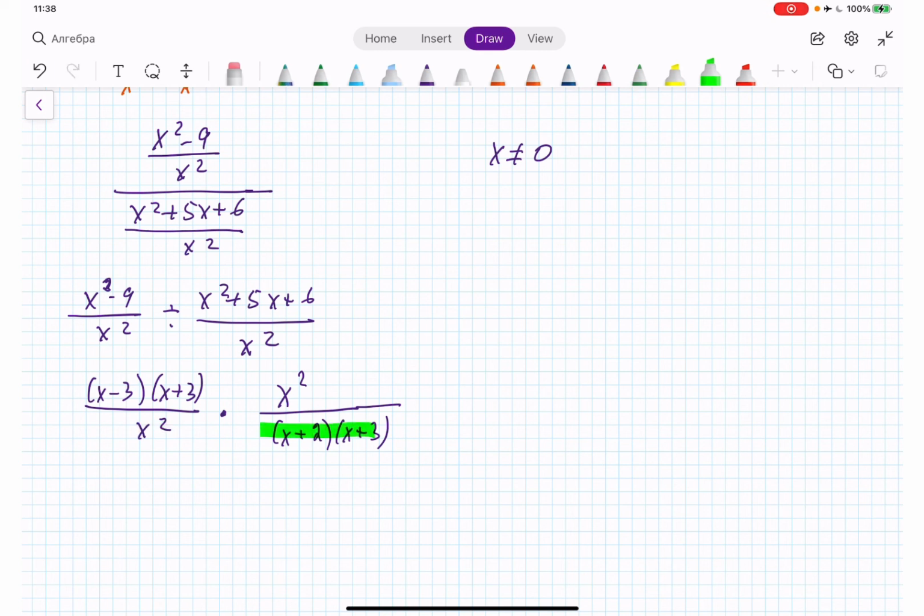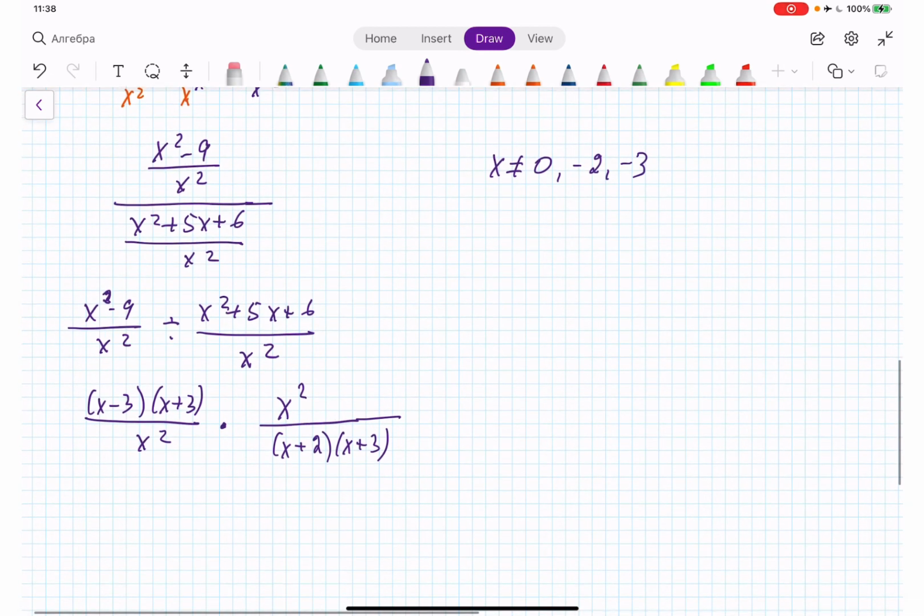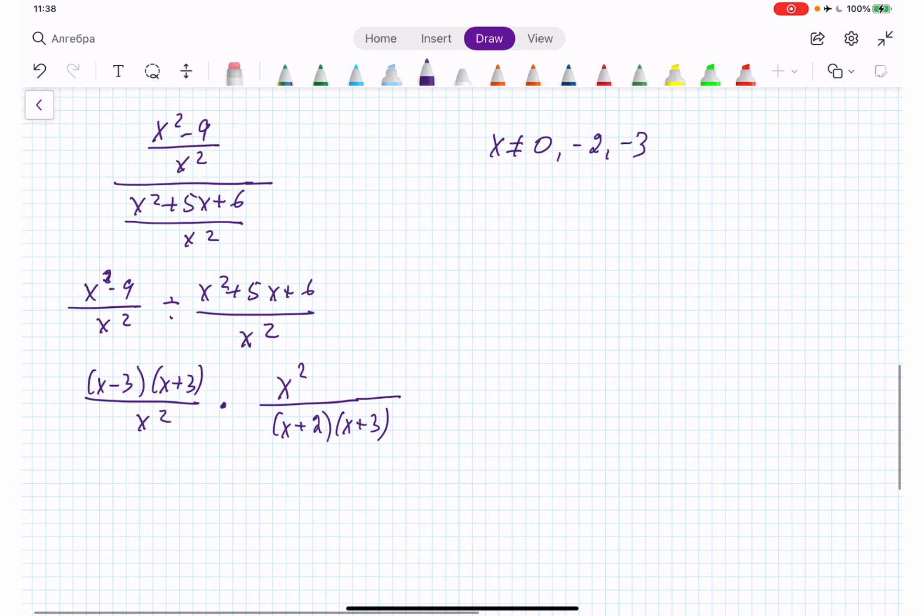And x cannot be negative 2 or negative 3, correct? So 0, negative 2, negative 3. These three values it cannot be. Other than that, everything else can be considered a valid number that does not make the denominator become 0.